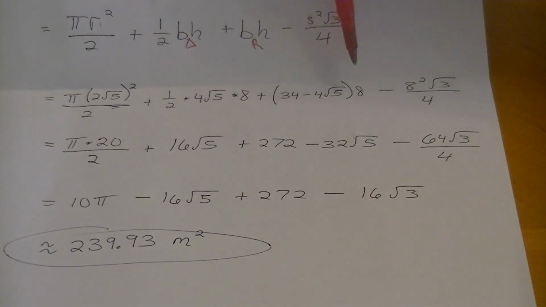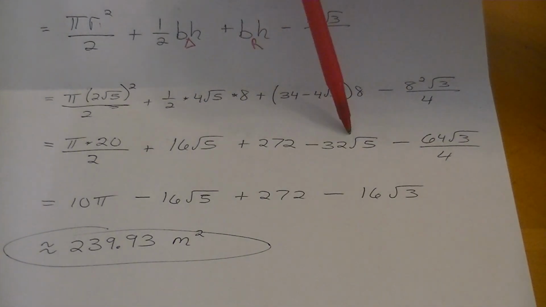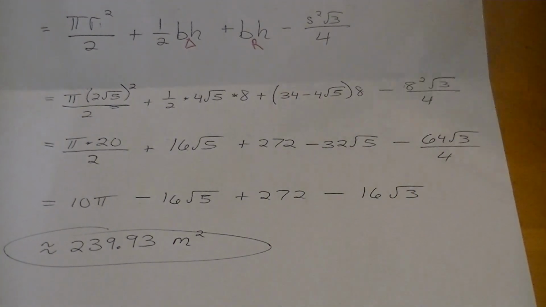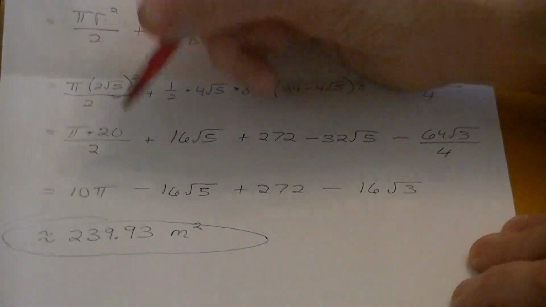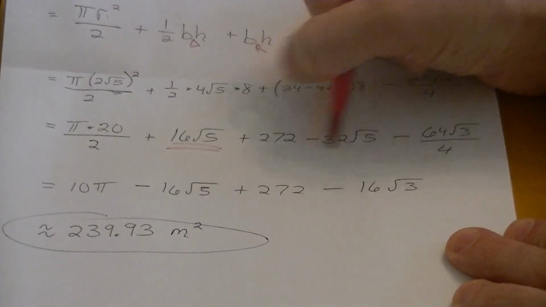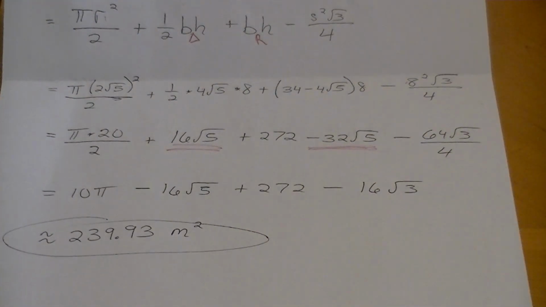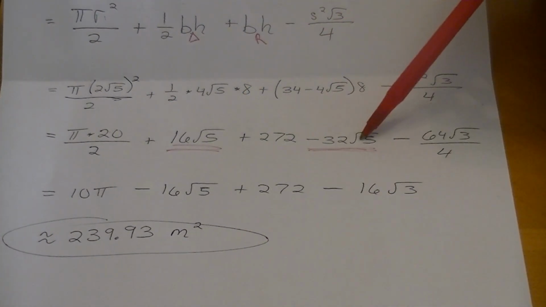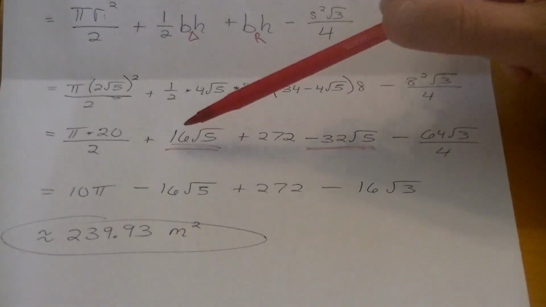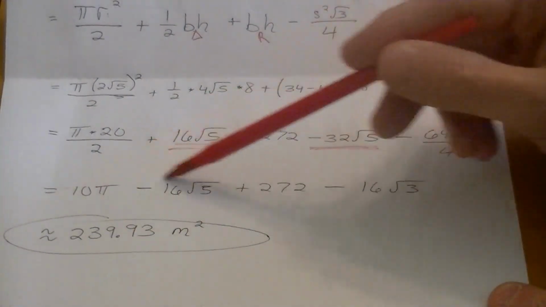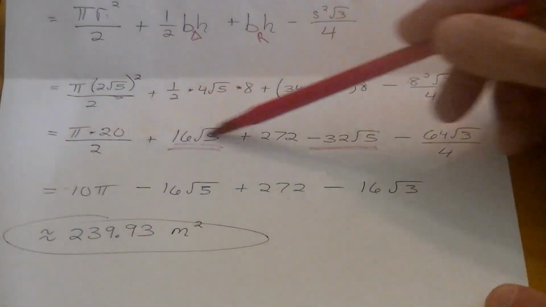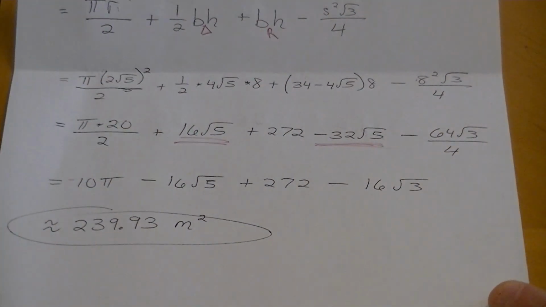I did a distributive property, a little bit of work here, and of course 8 squared, 64. Simplifying again, 20 over 2 is 10. I also noticed I had like terms here. 16 root 5 minus 32 root 5 is negative 16 root 5 if you combine those. So this is what I put in my calculator. You could put this in, you could put that in. But I just went all the way down.